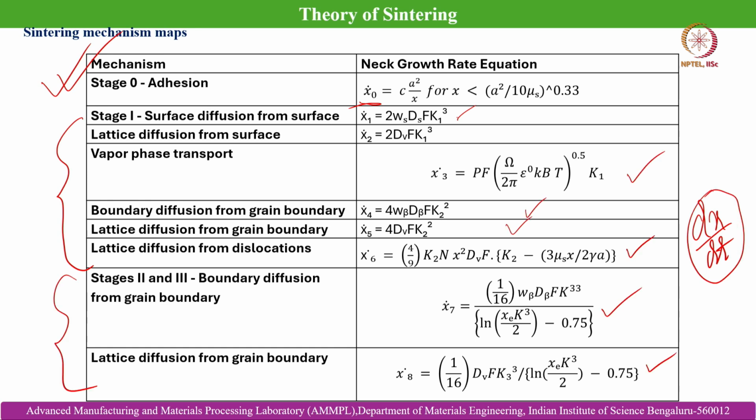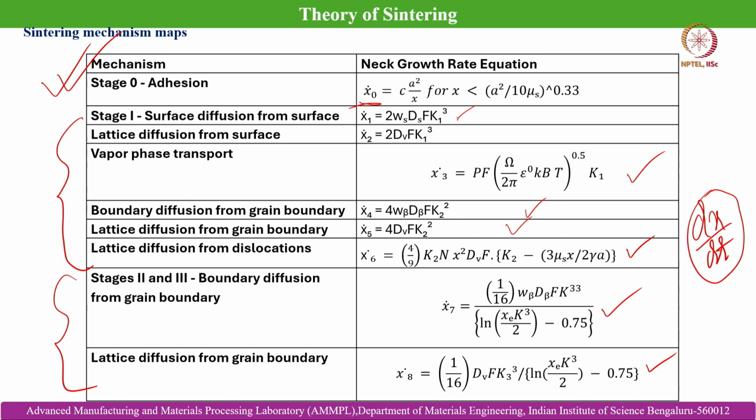So, from here, and also in case of stage 2 and stage 3 of the sintering process, the diffusion mass transport mechanisms are boundary diffusion from grain boundary as well as lattice diffusion from grain boundary. So, these are basically the analogous neck growth rate equations.